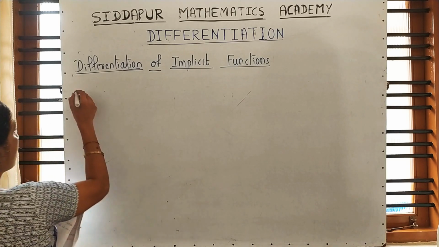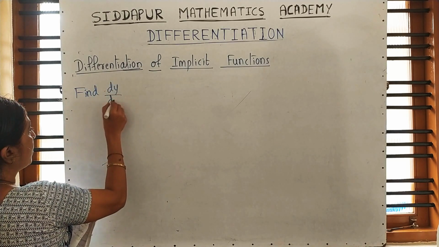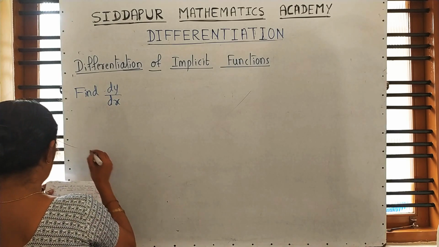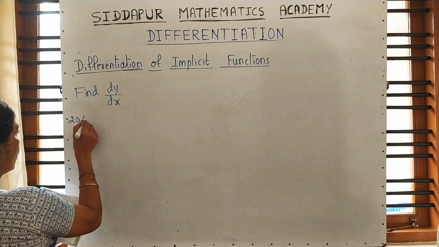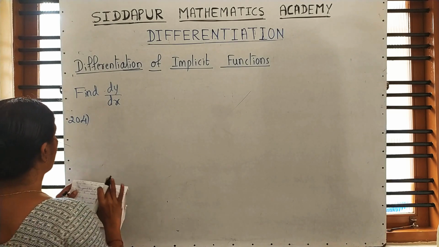Write down the question: find dy upon dx. I stopped at 204, and the exercise questions I gave separately as in the NCERT.